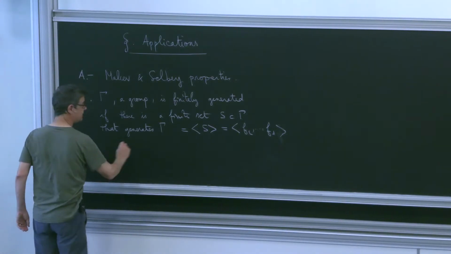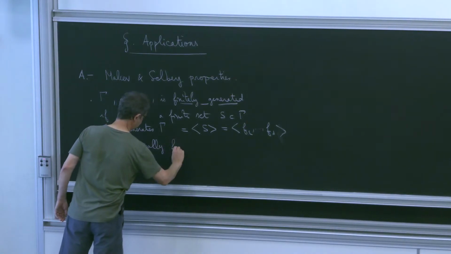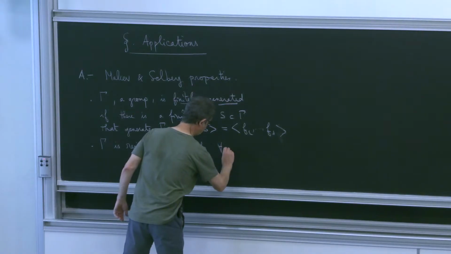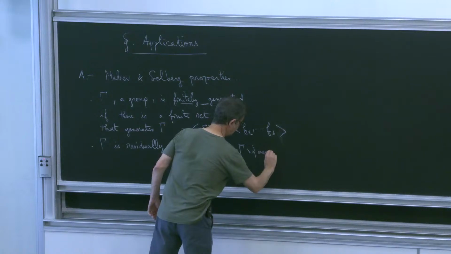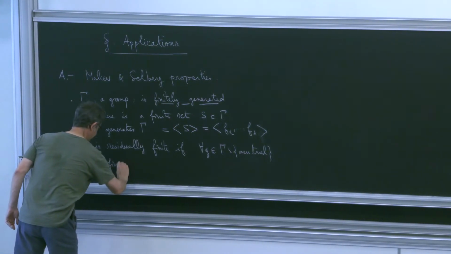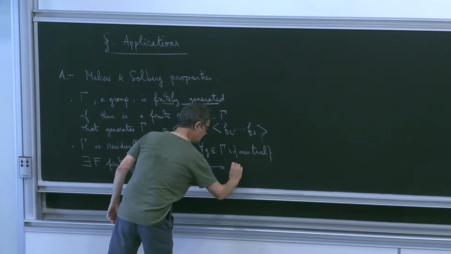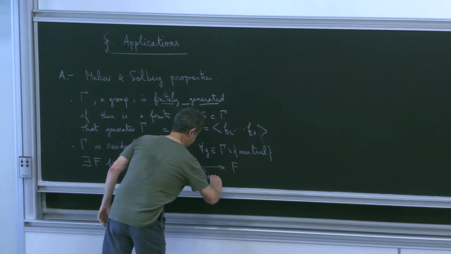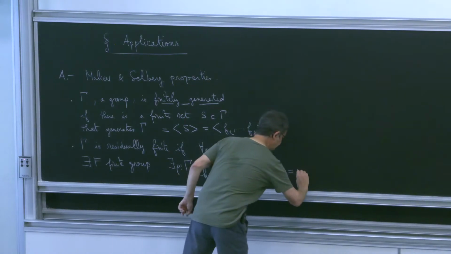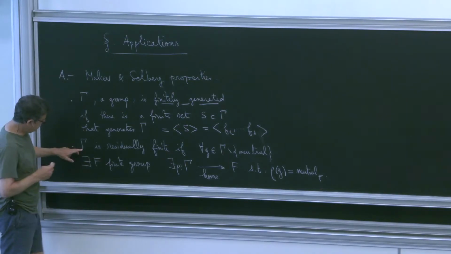Okay, and second definition, so this was for finitely generated. Gamma is residually finite if, as soon as you take an element in gamma which is not the identity, the neutral element, there is a finite group F, and there is a homomorphism from gamma to this finite group, such that the image of your element is not the neutral element in F. Okay, so let me say it again.